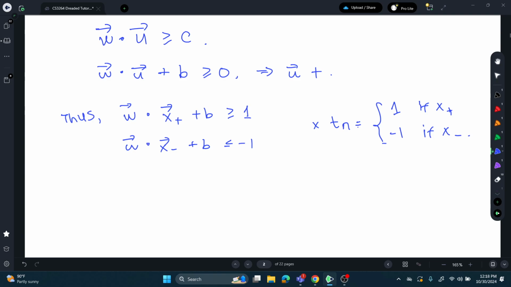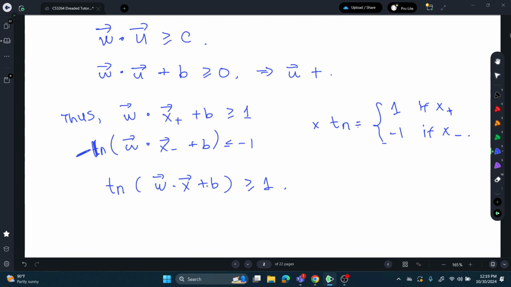Okay? So with this, if I multiply them, I will just get this value where I'm saying that Tn, if I multiply by this wx plus b, this will be greater than equal to 1. Okay? Solely because if I put this here, then this will be just multiplying by a negative 1 value.